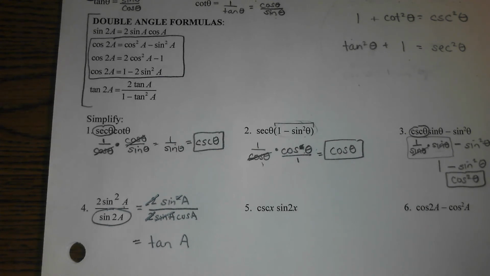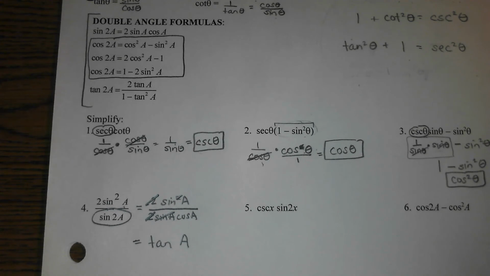And then if I wanted to get rid of the sine squared of a, I'd replace it with 1 minus cosine squared of a. But there's a negative out in front, and that would have to be distributed. So it would be cosine squared minus 1 plus another cosine squared, which is equal to 2 cosine squared minus 1.